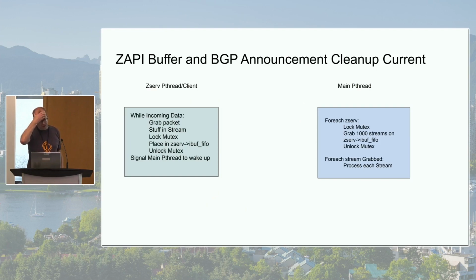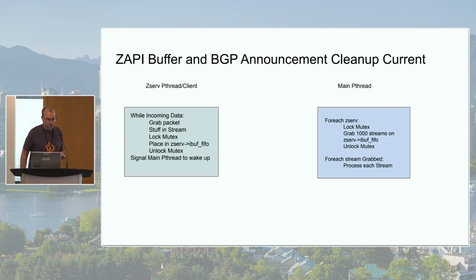All right, so I will talk a bit about how Zebra handles the incoming data. Currently, we have a pthread per zserv per client connection. So BGP will have a pthread for read and data, and OSPF would have a pthread for read and data.